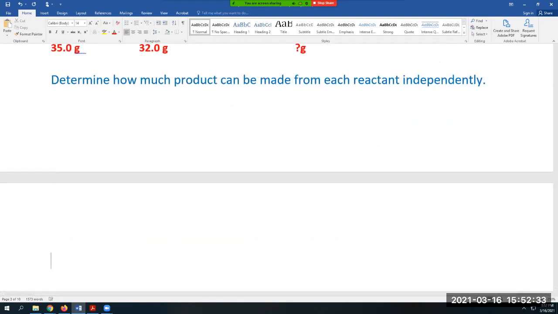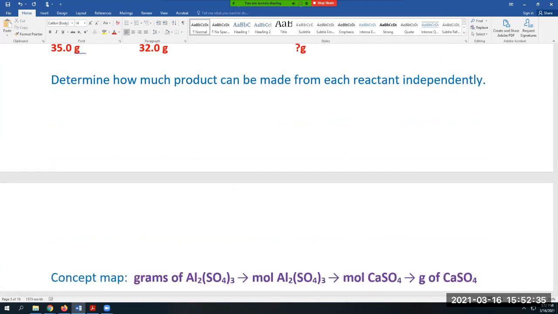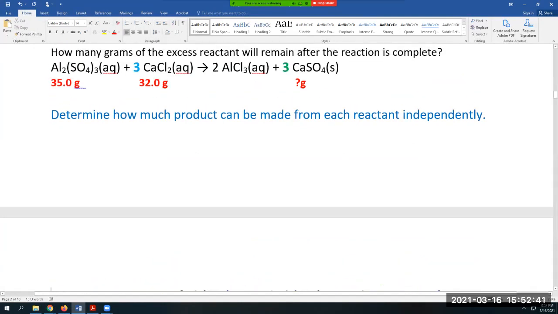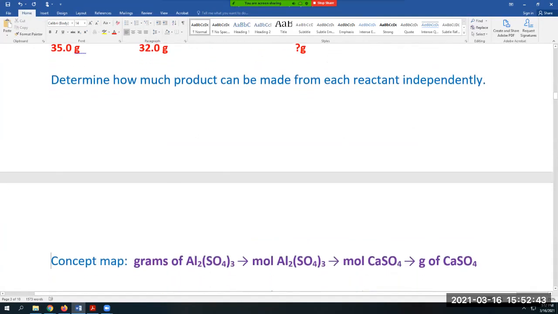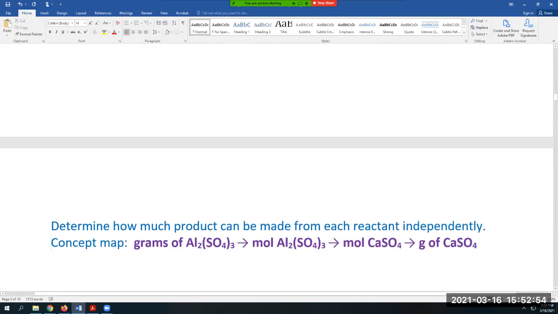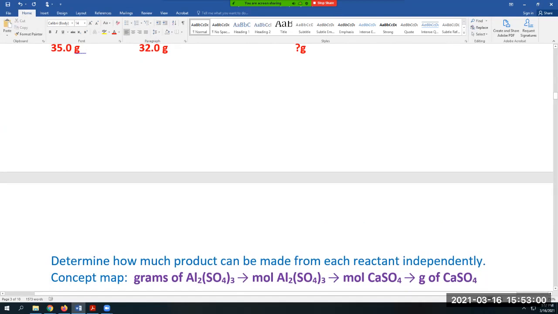And it's okay. So the concept map is going to be looking like this. So let's see if I can move this up or not. No. Okay. It has to stay there because it's the second page. So the concept map will look like this. We'll have the grams of aluminum sulfate, and we'll convert them to moles of aluminum sulfate, right?